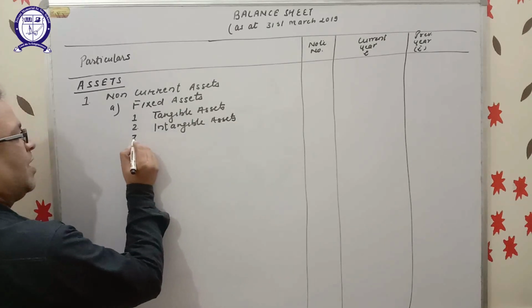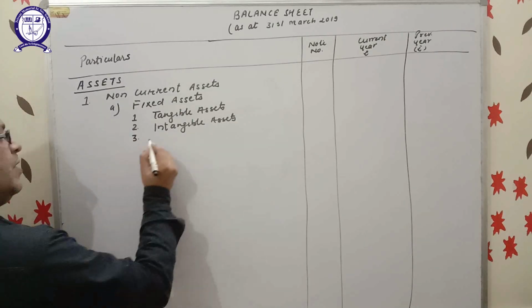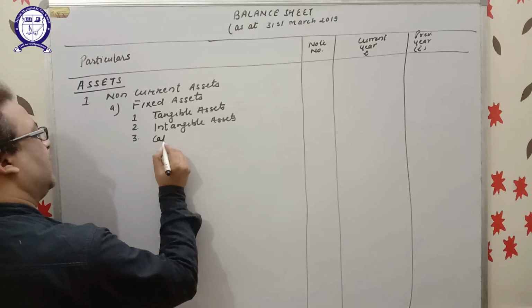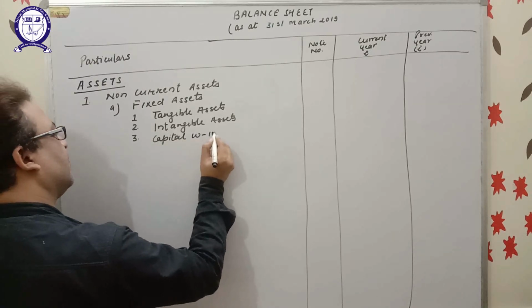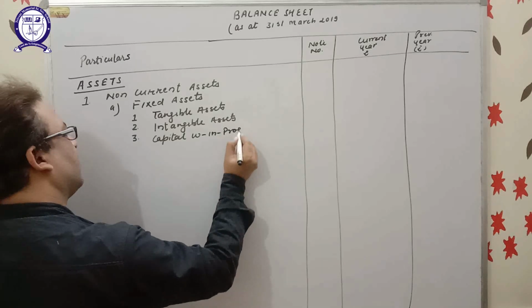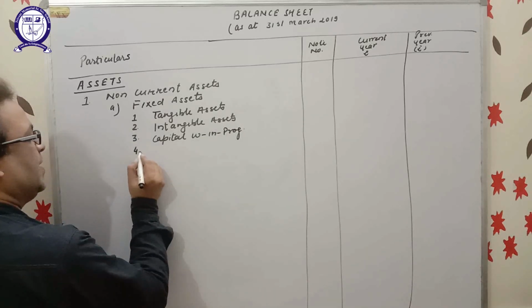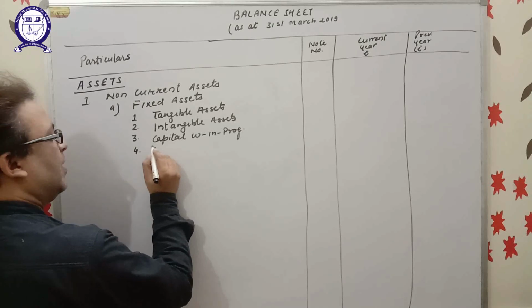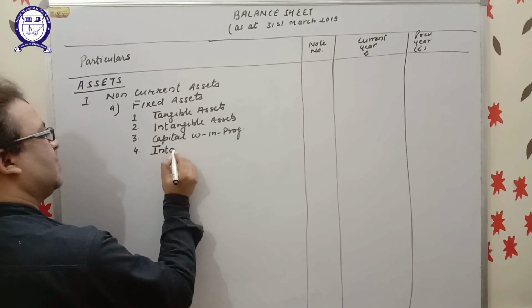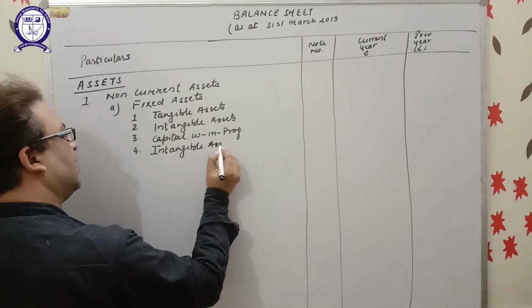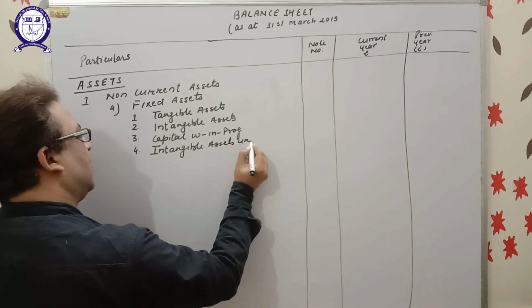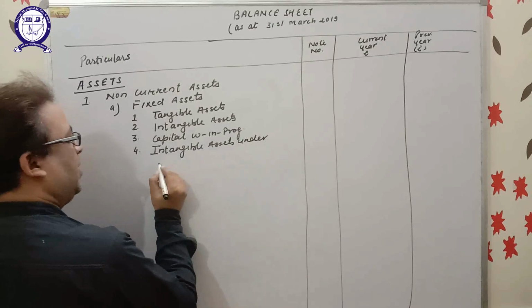Two more items are there: capital work in progress, and fourth one is intangible assets under development.